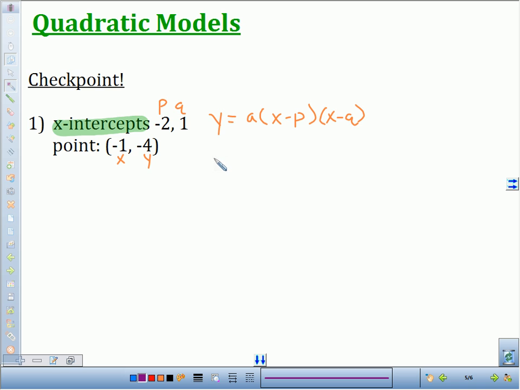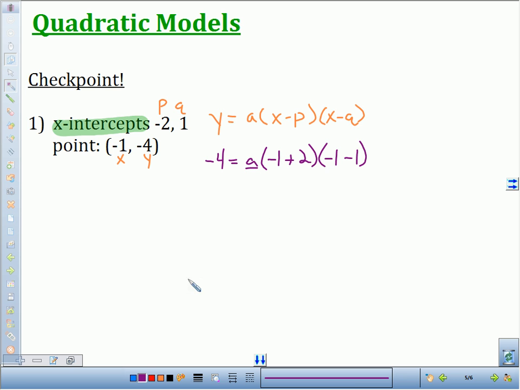So let's see, y is -4 equals a, which we don't know, times (-1 minus -2), so 1 plus 2, times (-1 minus q), and q is 1, so -1 minus 1. So we plugged in all our values, and we're solving for a.